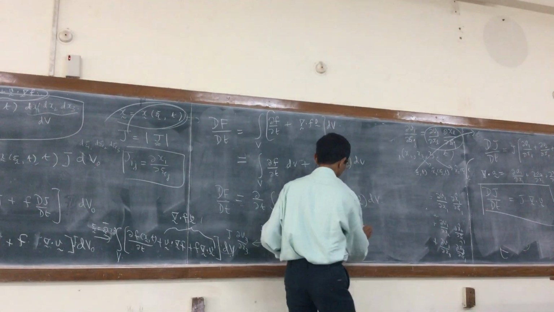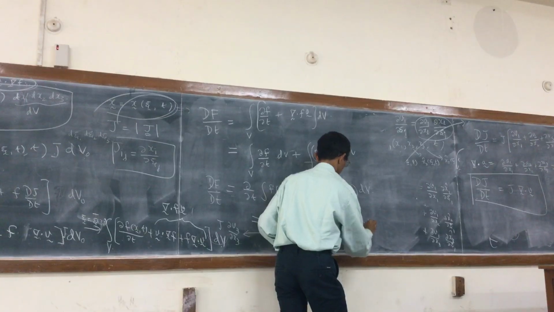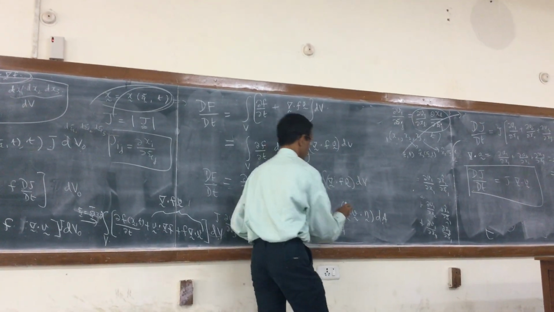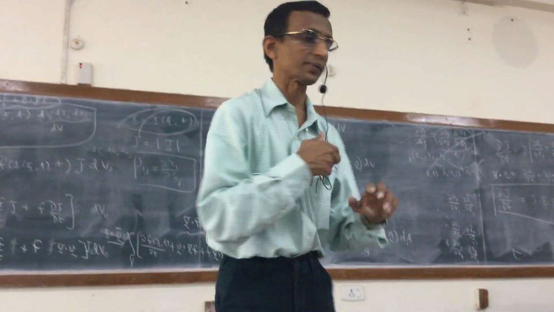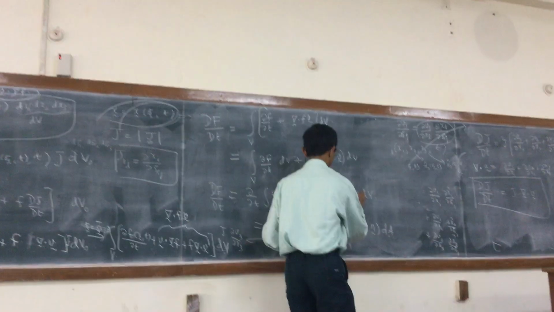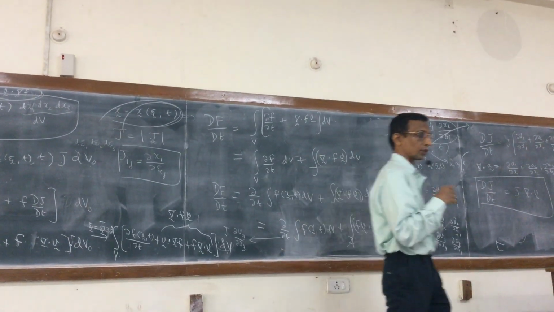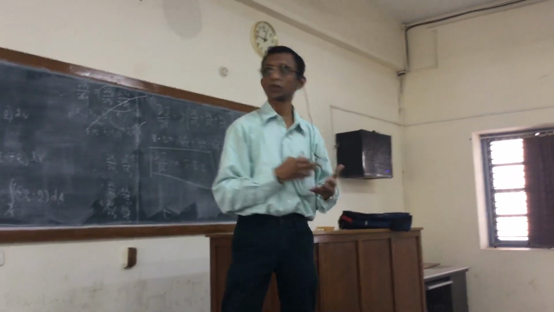I will explain that in detail in the next class. So this can be written as the dot product of f times v, which is the quantity that is appearing within the divergence, times the unit normal, unit outward normal. What is this A and what is the integration over?